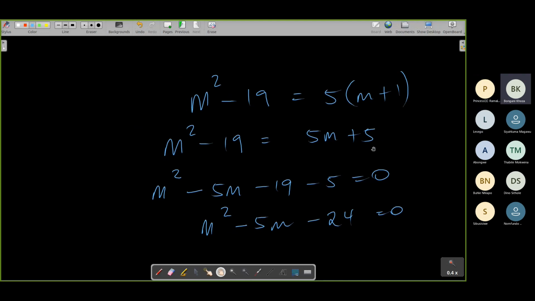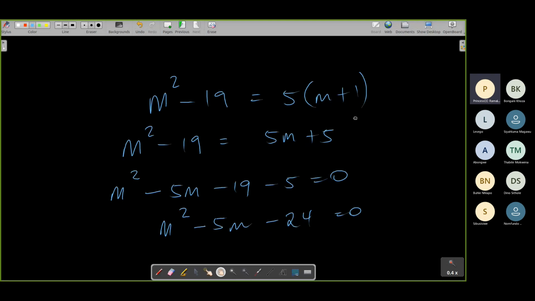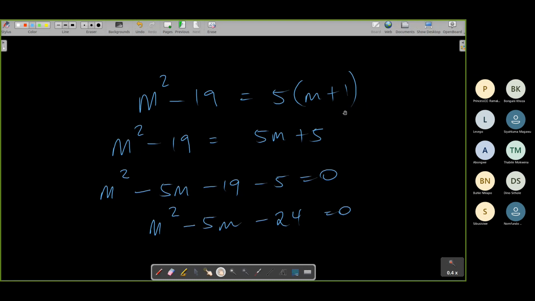No, why are you doing that? I was solving it like a linear. No, a linear has a degree of 1. Here the degree is 2. So it's wrong.